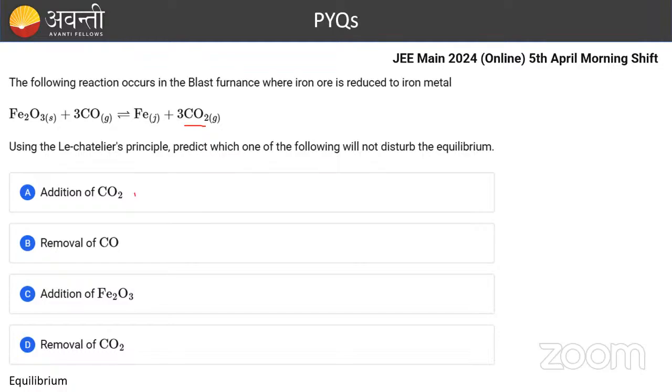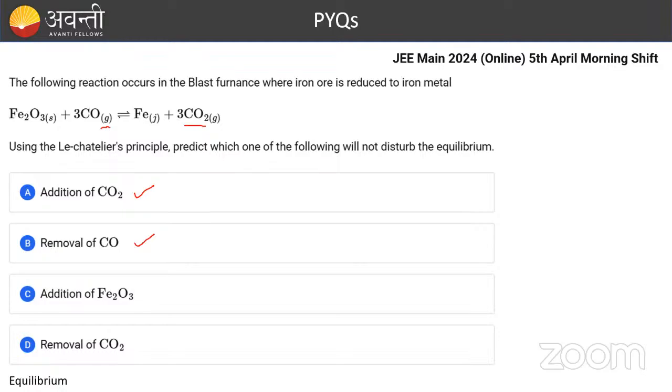So this will affect. The second is removal of carbon monoxide. Carbon monoxide is also a gaseous molecule. If I remove some amount of carbon monoxide, the reactant amount will decrease and again the reaction will move towards the left-hand side. So the removal of reactant will also affect the equilibrium.